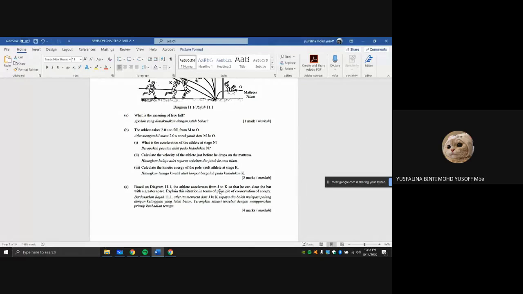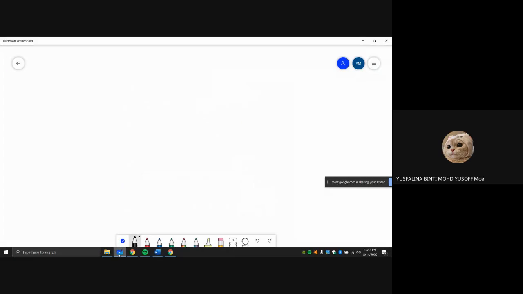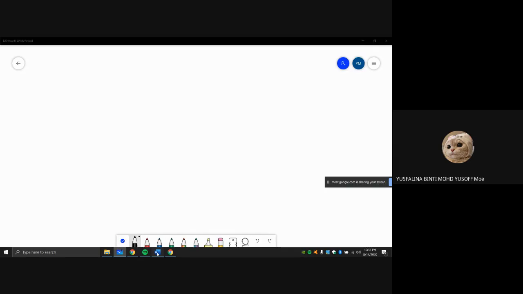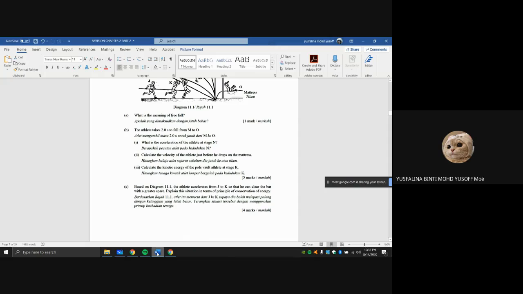Okay, did you get the answer? Let's see question number B1. What is the acceleration of the athlete at stage N?